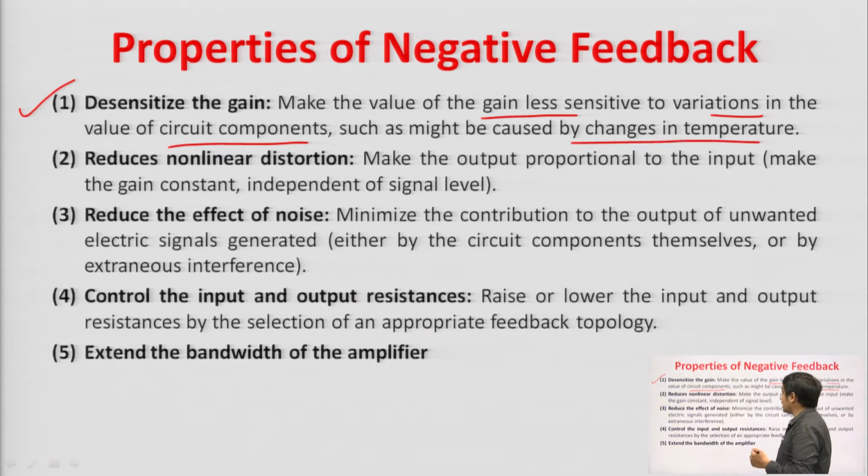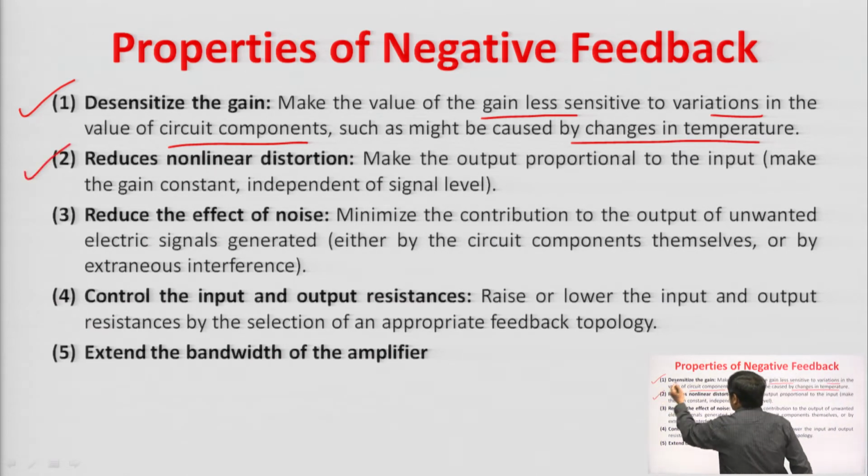So, if there is a slight change in temperature, we want that the voltage gain of the amplifier should not be sensitive to the variations in the value of the circuit components. That we desire, and it can be achieved with the help of negative feedback.